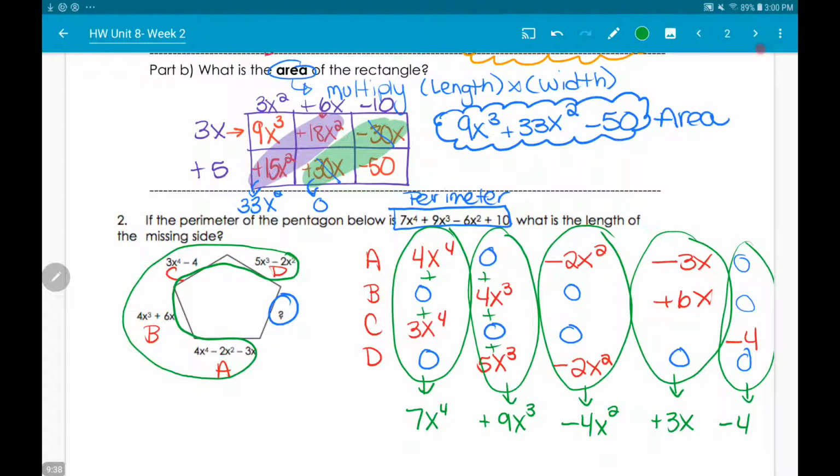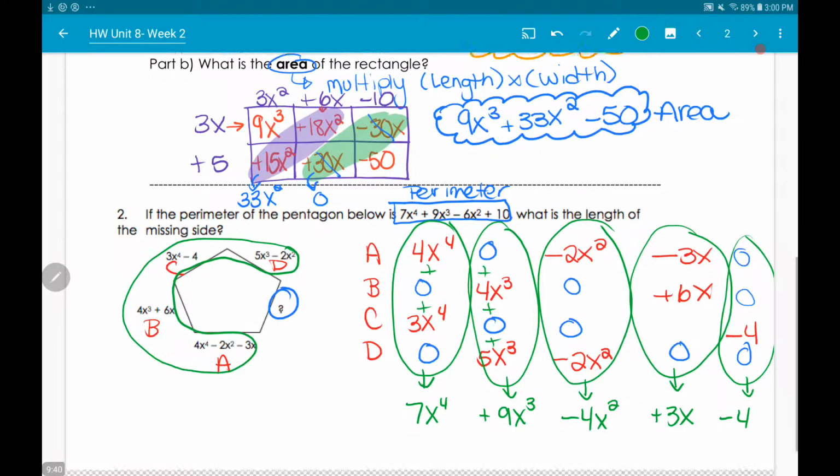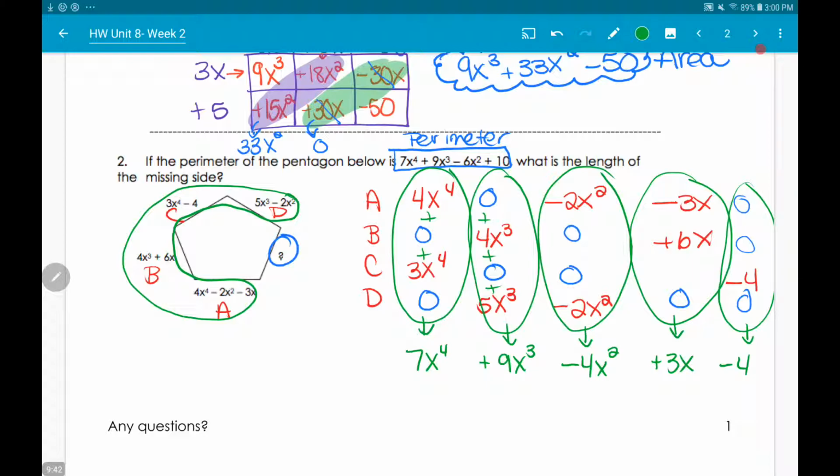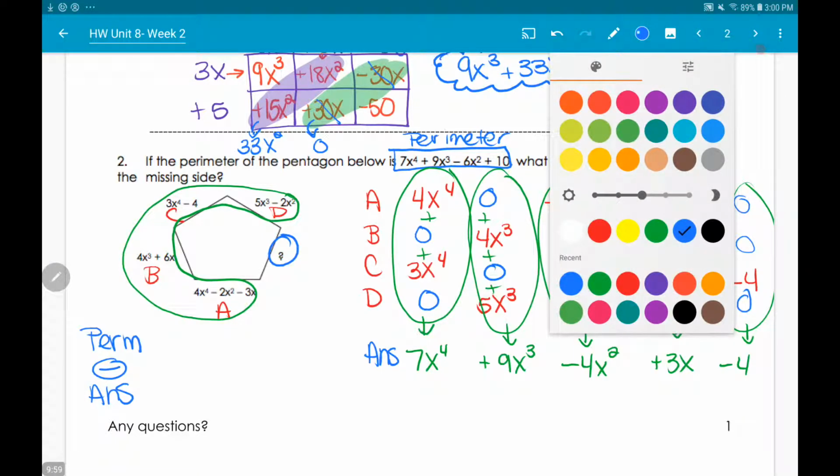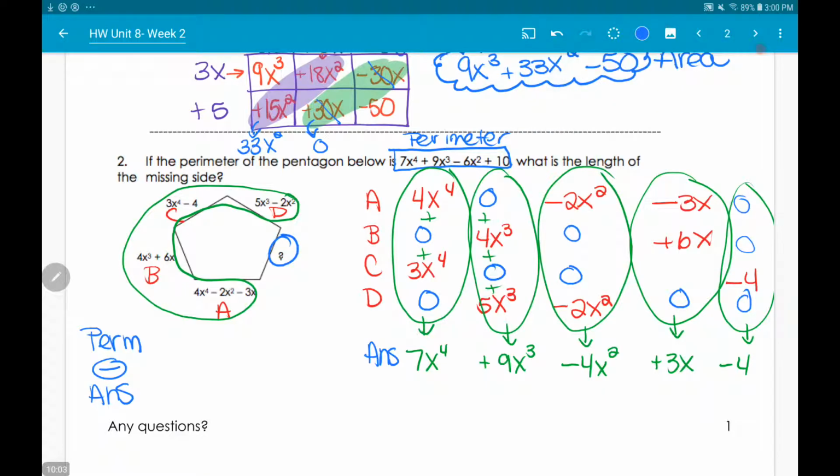Now the reason I did this is because this tells me all of the other sides except my missing question mark. So what I'm going to do to figure out what that question mark is I'm going to take my perimeter and I'm going to subtract it with my answer from the rest of the total. So this is my answer, right? So I'm taking the perimeter and I'm subtracting it with what I found to figure out what's left.